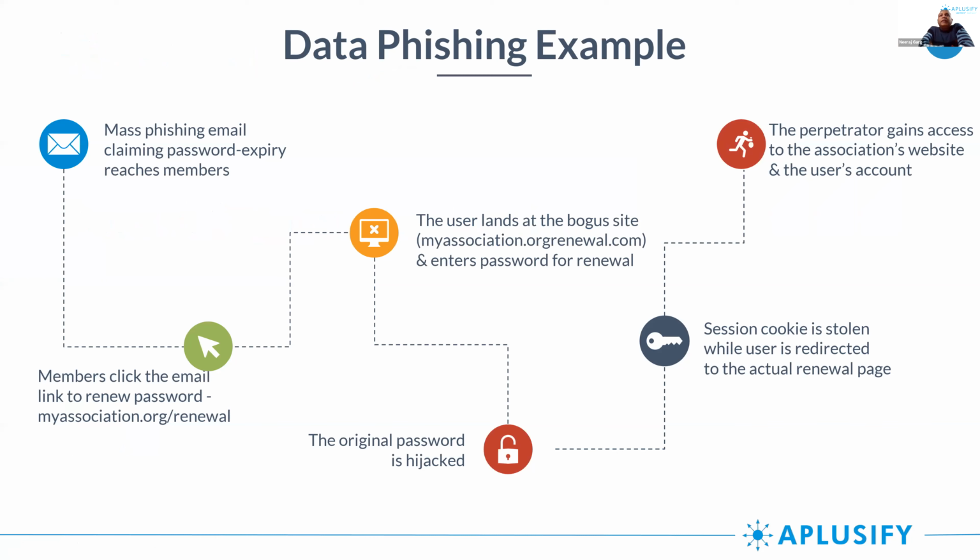So I think most of the people know what data phishing is, but just to quickly go through it, data phishing is actually an attack which hackers do on your users. So it's not an attack on the system, because they don't know what the credentials are about your system.